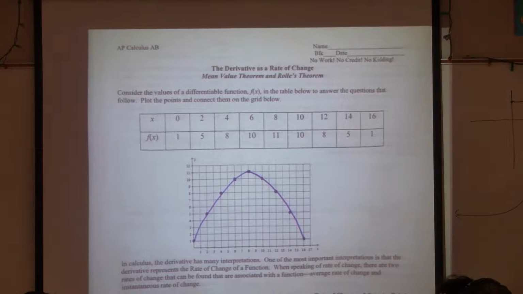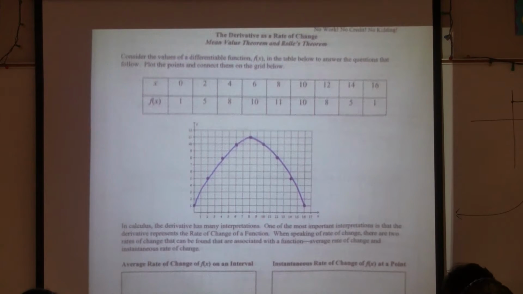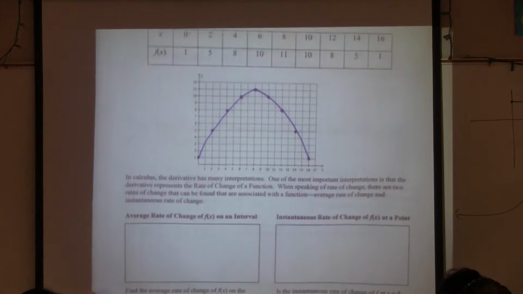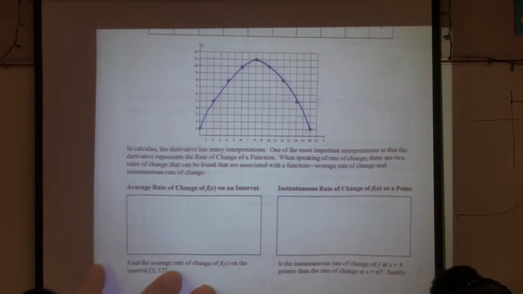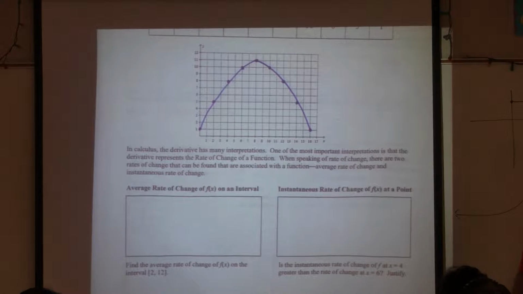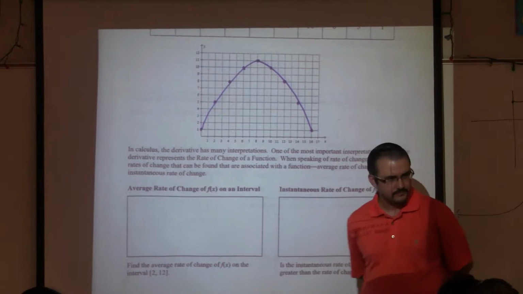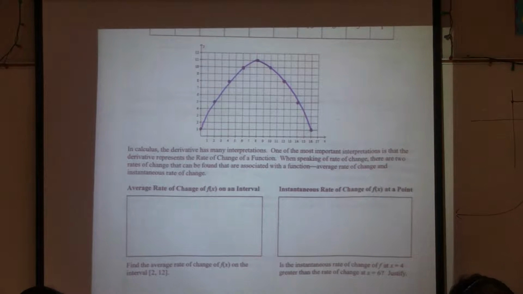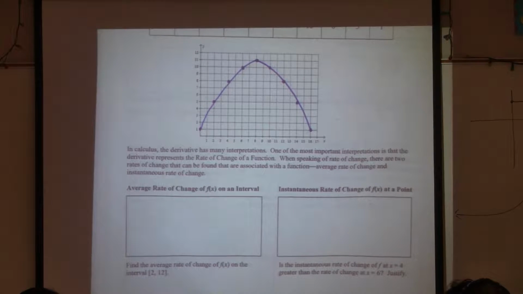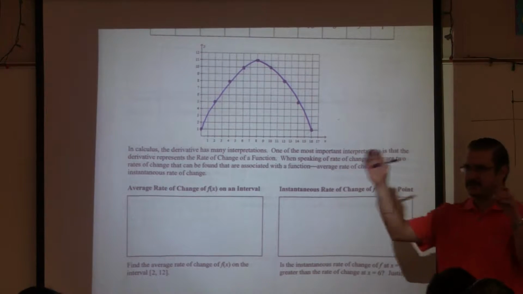So there's two different rates, the average rate of change and the instantaneous rate of change. Do we know the difference? What would you consider average rate of change to be? Anybody remember that one? Very good. Average rate of change is the rate of change from this point to this particular point.